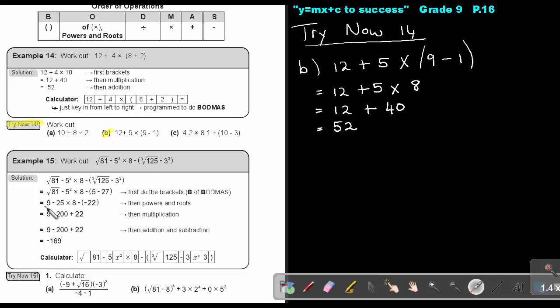And now, remember, it's addition and subtraction. There's a positive. So basically, we can just add it up. So 9 plus 22, that's going to give me 31. And then we subtract because the signs are different. But at the end, I'm going to get negative 169.